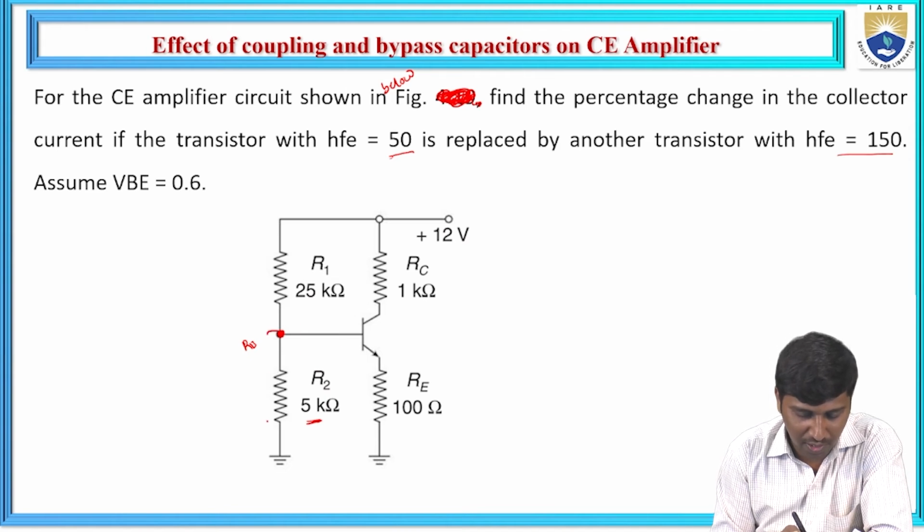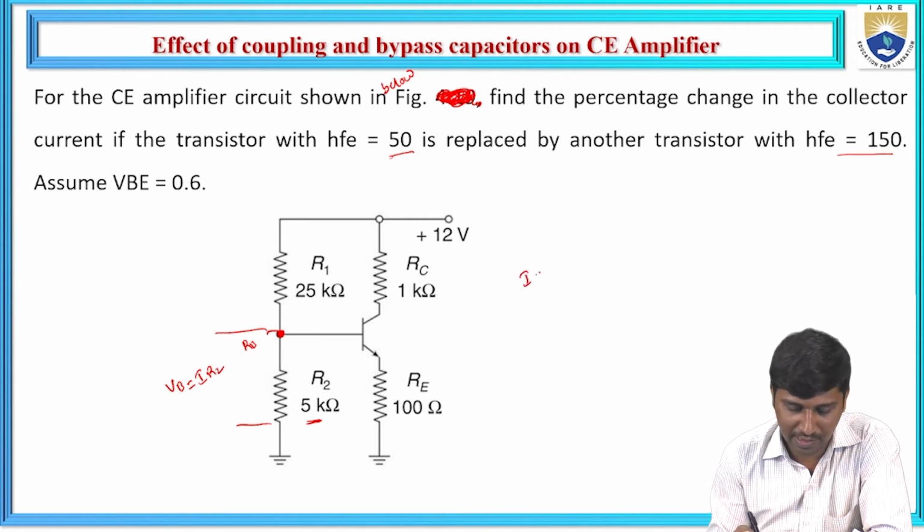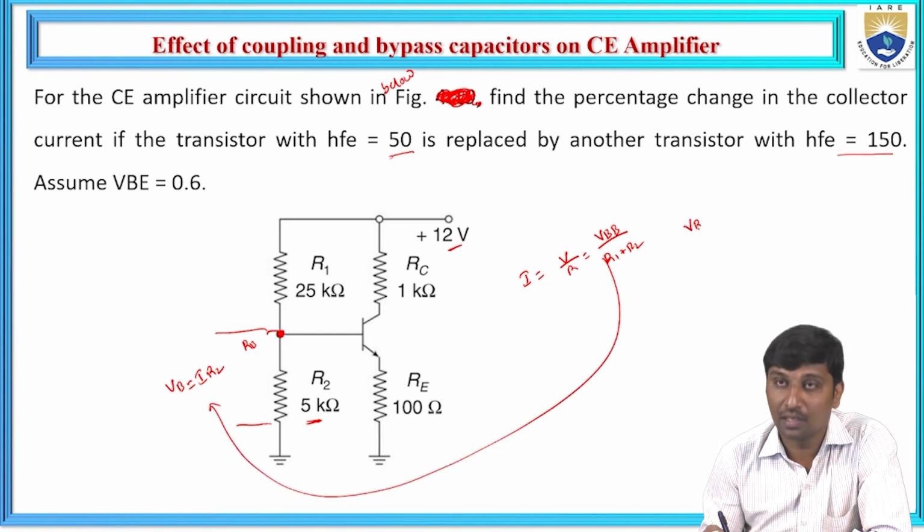Otherwise, VB is equal to I times R2, where I is equal to V by R. Here V is VCC, or VBB, and R is the total resistance R1 plus R2. Now you can substitute: VB becomes VBB by (R1 plus R2) times R2.